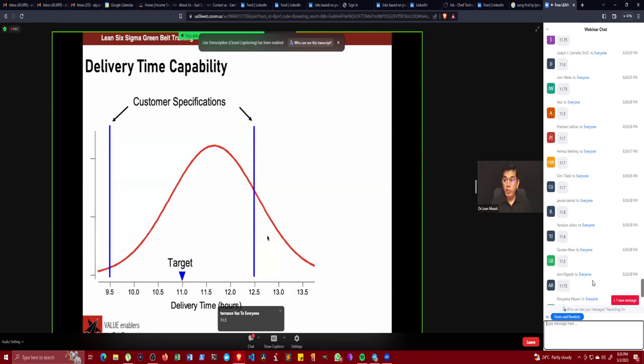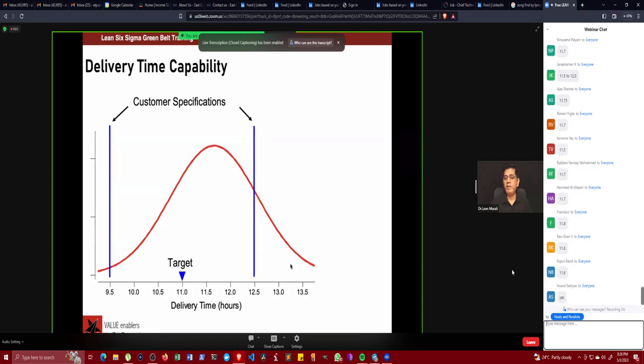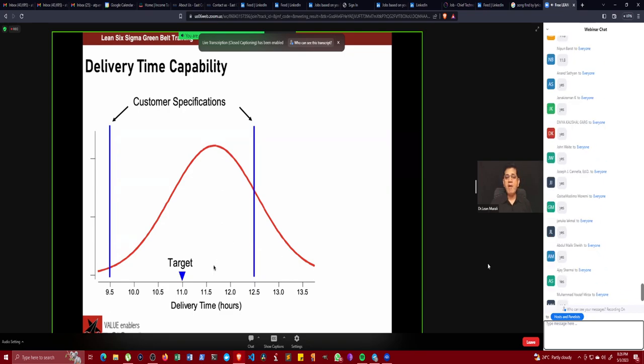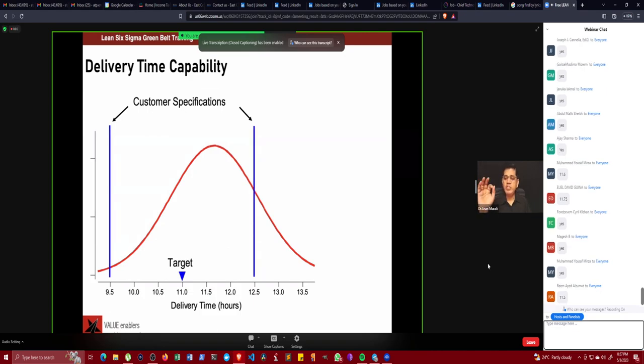And do you see deliveries going greater than 12.5 hours? This is called a defect, right? So even though the average is inside, even though the average is 11.7, there are a lot of instances where it is outside the required tolerance limit of the customer.